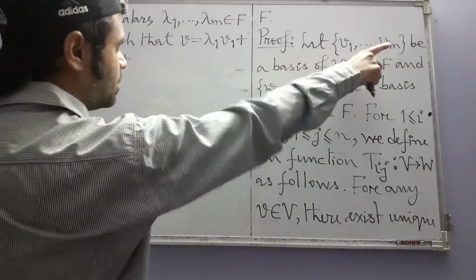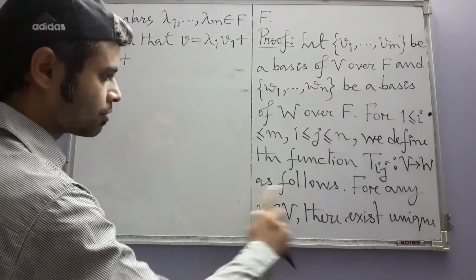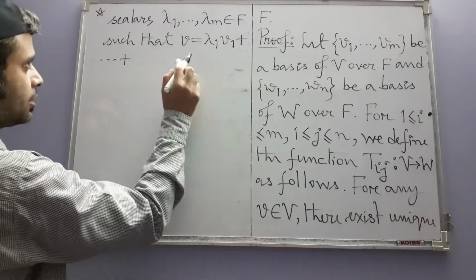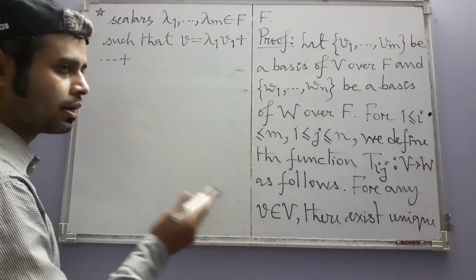Because this is a basis for V, we not only get these scalars but we get unique scalars. The uniqueness comes from the fact that the basis is a linearly independent set.